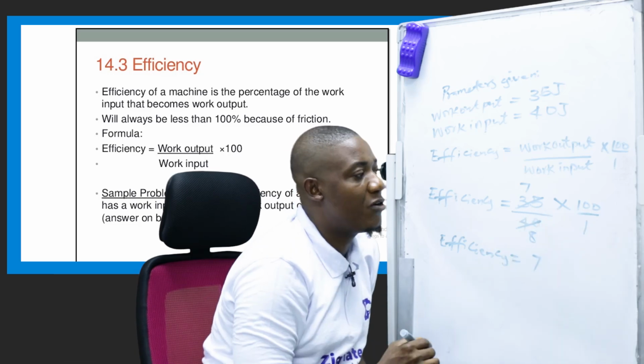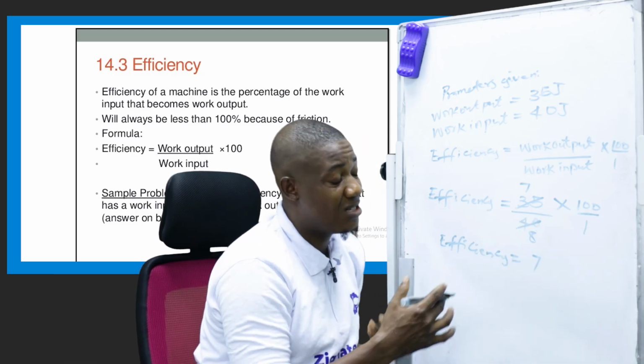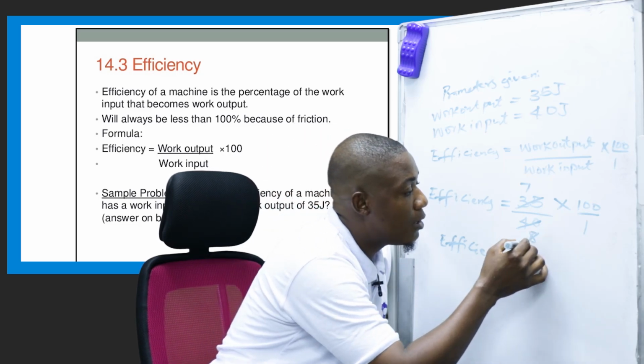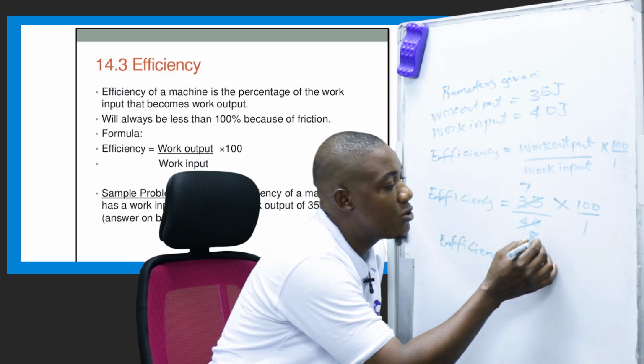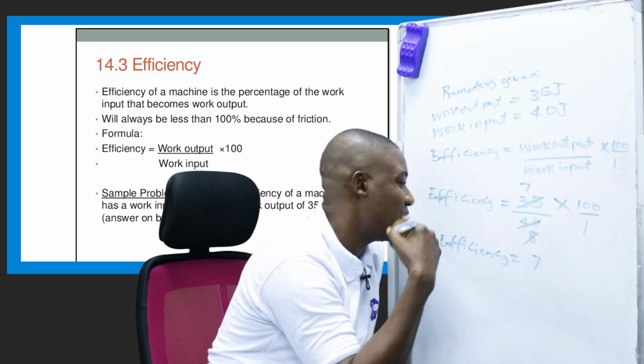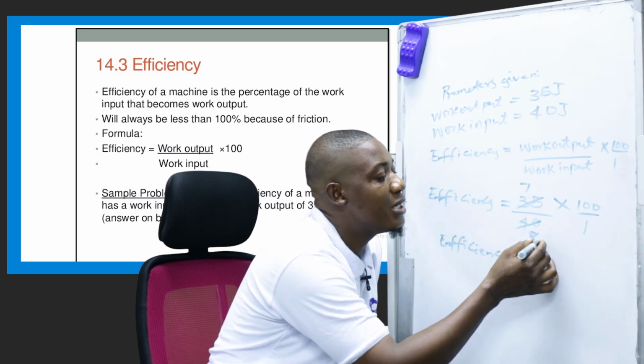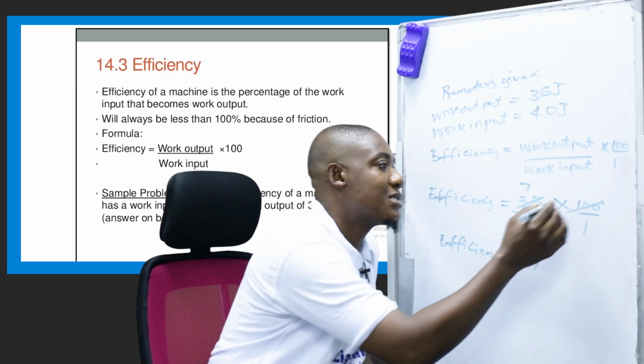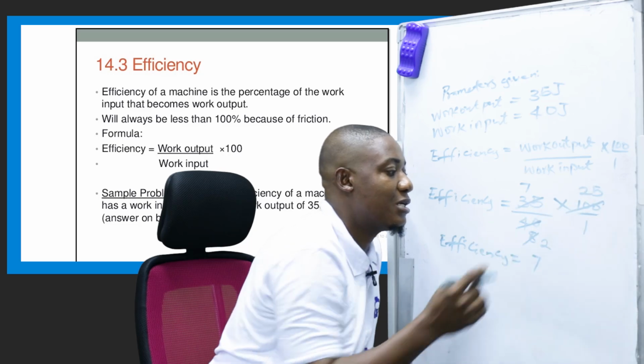We can even go further. Yes, we can even go further so that we need to just bring it down. Let's see, 2 can go into 8. We can even use 4. 4 can go into 8 and the answer is 2. 4 can go into 100 and the answer is 25. You understand?